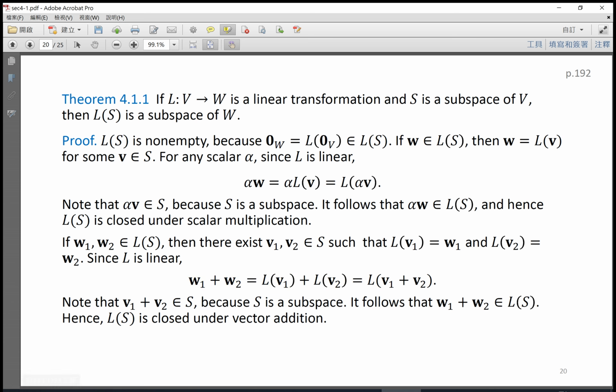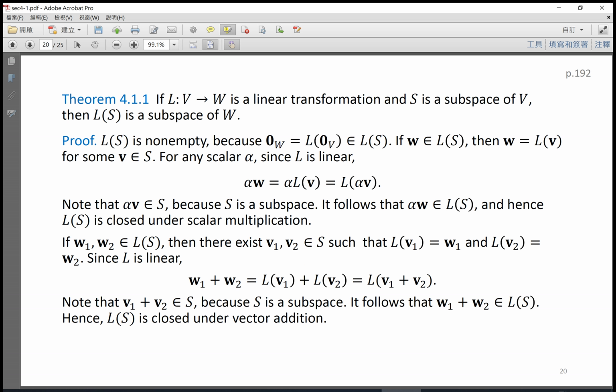Note that V1 plus V2 is in S because S is a subspace. Since S is a subspace, if V1, V2 are in S, then the vector addition V1 plus V2 is also in S.